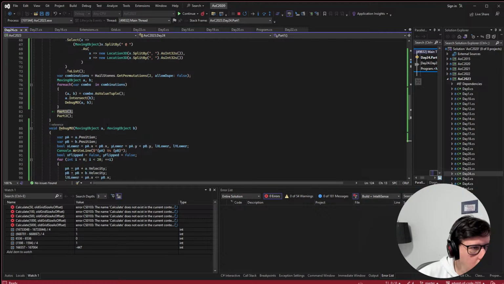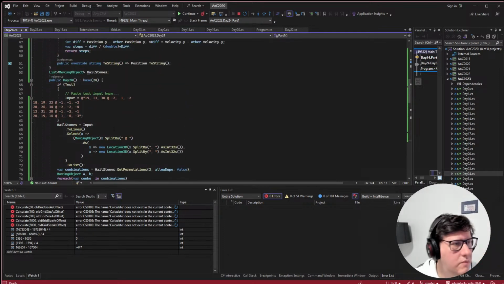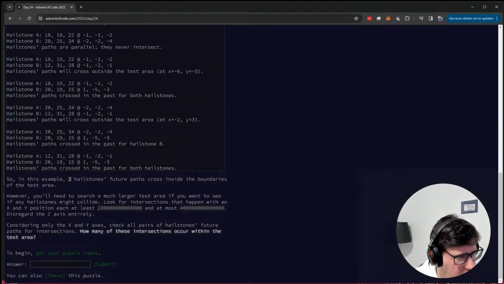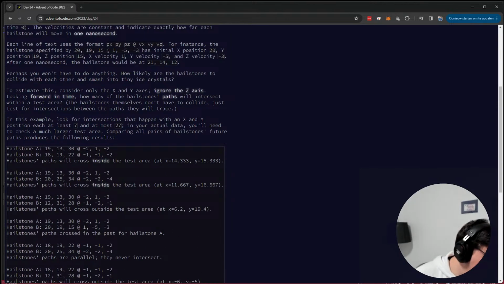Let me think. What was actually the thing that we need to submit? Considering only X and Y axis, check all pairs of hailstones' future paths, and count how many of these intersections occur within the test set. Okay, sure. That was my approach.